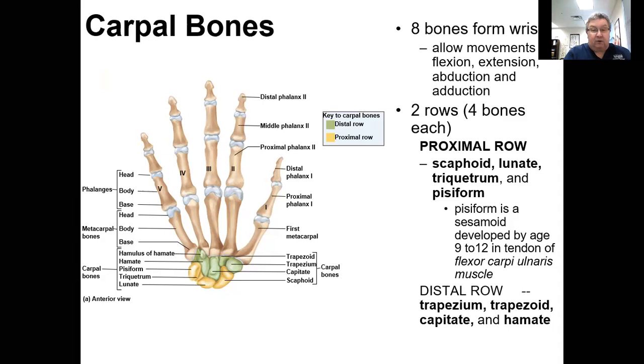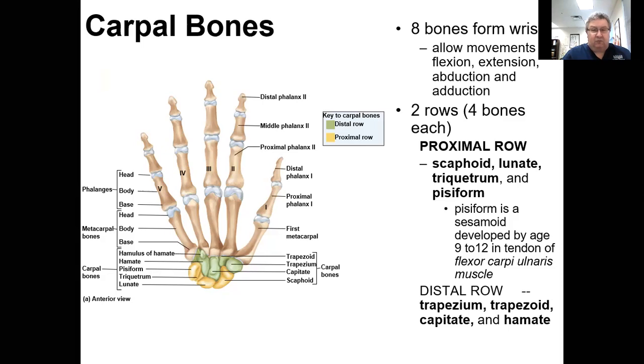In this picture, the tan bones are the proximal row. The bones in green are the distal row, made up of the trapezium, the trapezoid, the capitate, and the hamate. That's what you need to know.